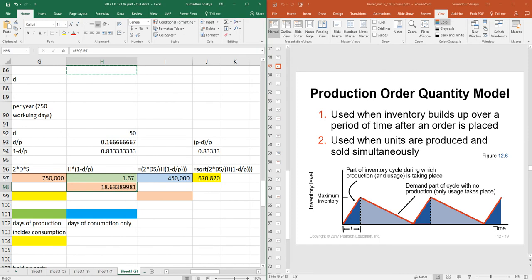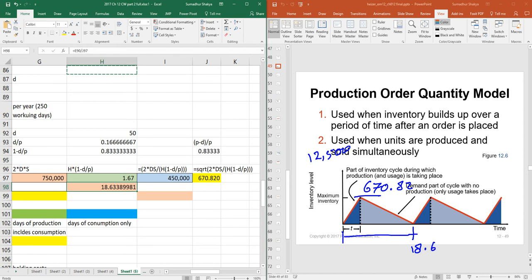So what we are saying is that at this point we reach the level of 670.82. However, since the annual demand is given to us as 12,500, the number of production cycles is 18.6.